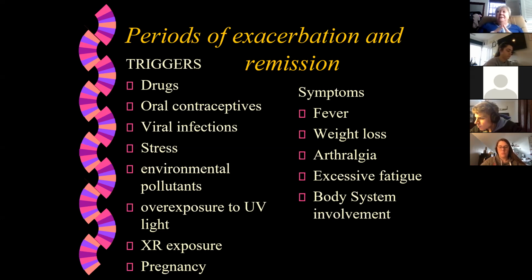The reason is lupus is more commonly seen in women than men, and it first raises its ugly head in the childbearing ages. So you put oral contraceptives and pregnancy together, and what do you get? Hormones.